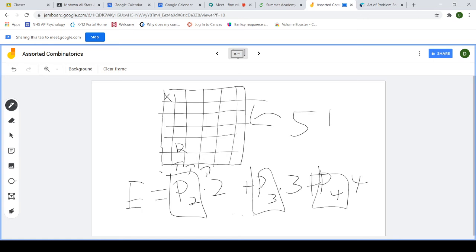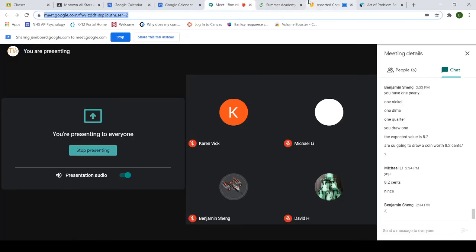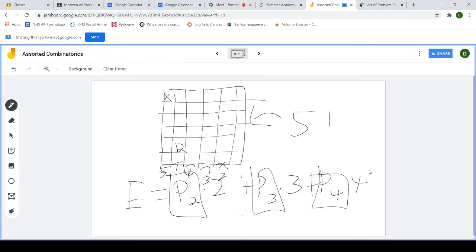There's 5 choices for the first one, 4 choices for the second one, 3 for the third, 2 for the next, and 1 for the last. There's 720 total cases to arrange the rooks in any way such that none of them are in the same row or column. So this probability is just 1 over 6.